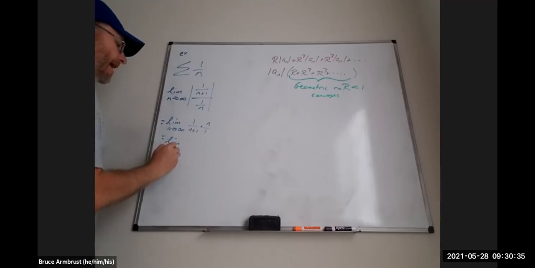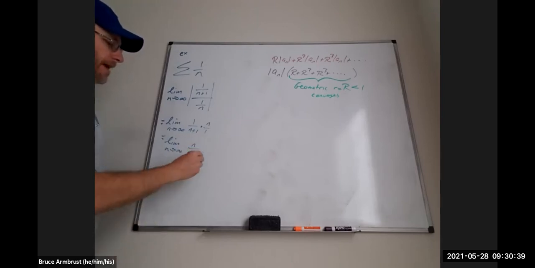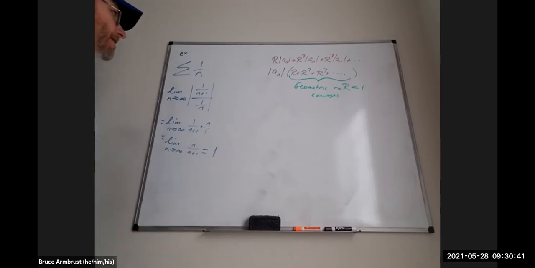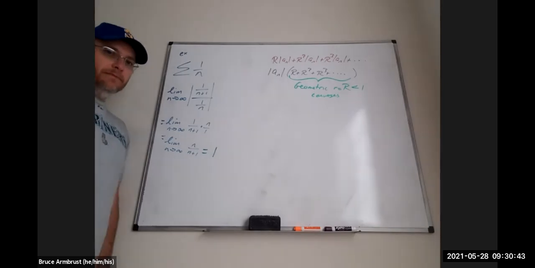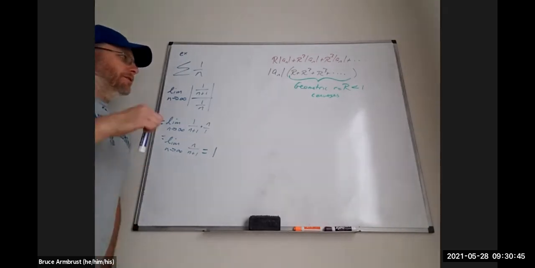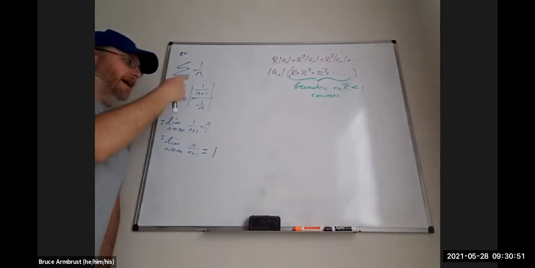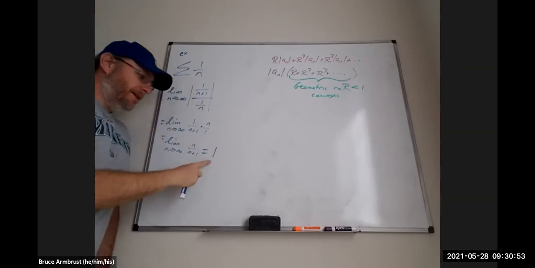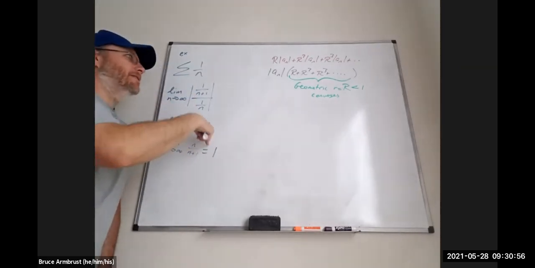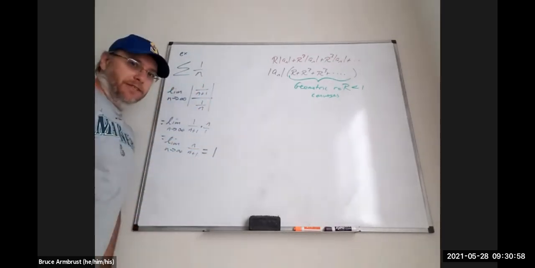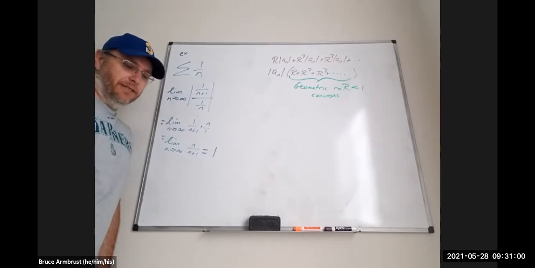So again, this is a rational expression. And you take that limit and you end up getting 1. So here is a series where we get a limit that equals 1, and it diverges. Not because of this one, but it diverges because we know it diverges. The harmonic diverges.